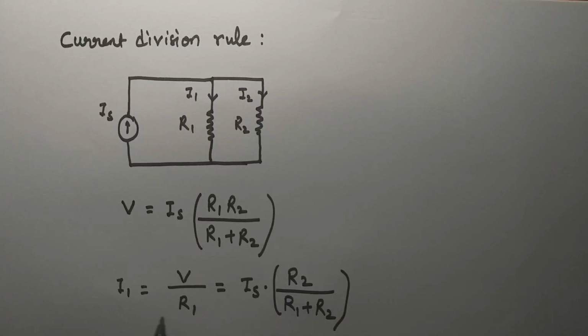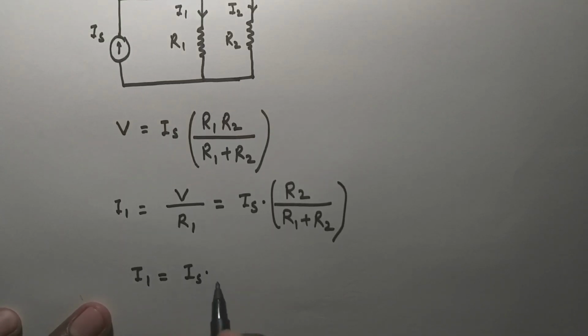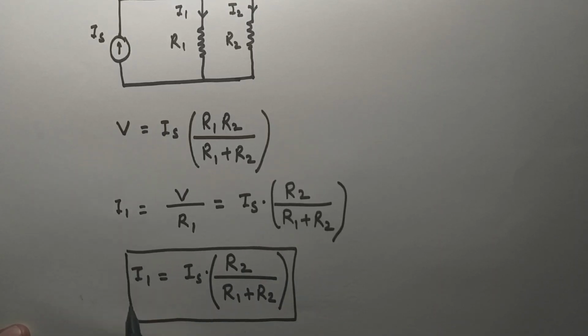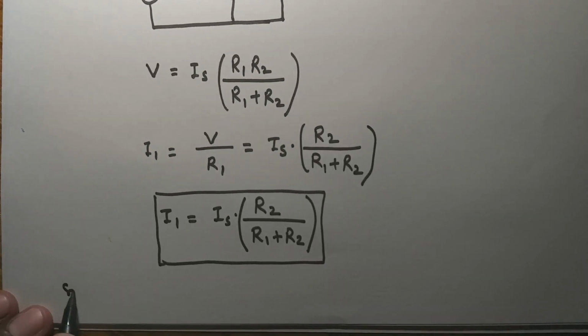So this is I1. It means I1 is equal to Is, meaning the total source current, multiplied by the adjacent branch resistance, which is R2, divided by the sum of both the resistances, which is R1 plus R2.